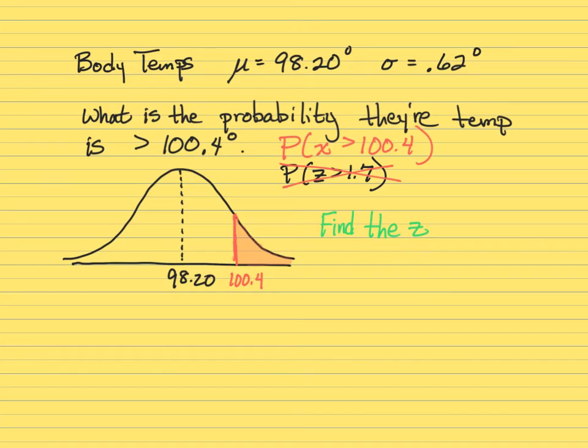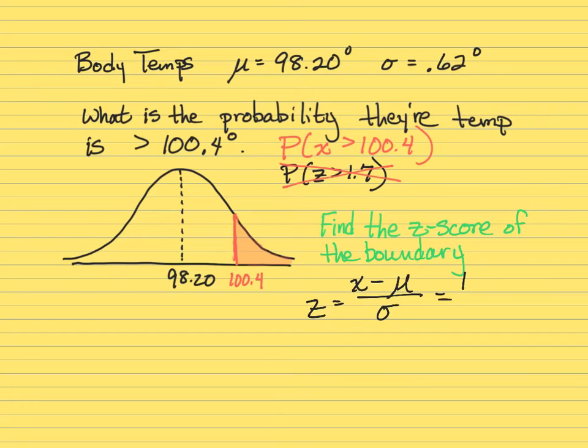So the first thing we're going to do is find the z-score of the boundary. Convert the boundary to its z-score. We have our formula for that: z equals x minus the mean, over sigma. In this case, the boundary x is 100.4, minus the mean, over sigma, which is 0.62.